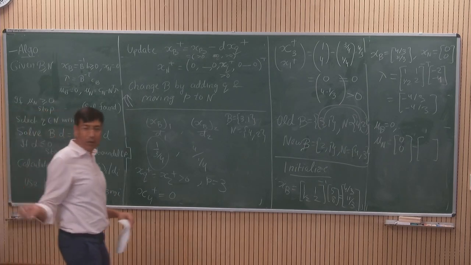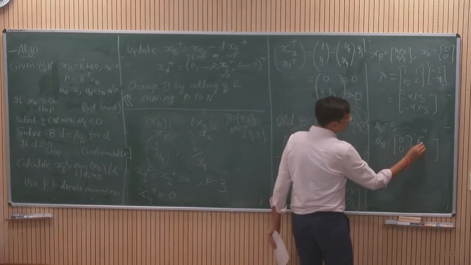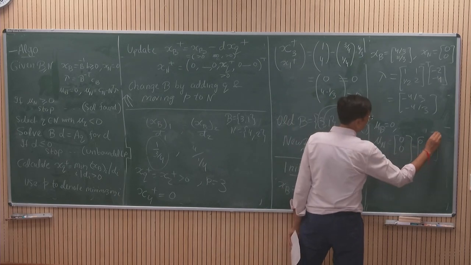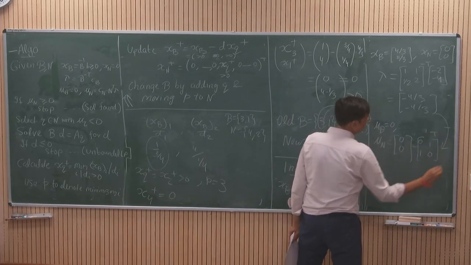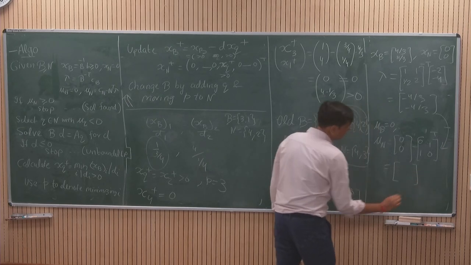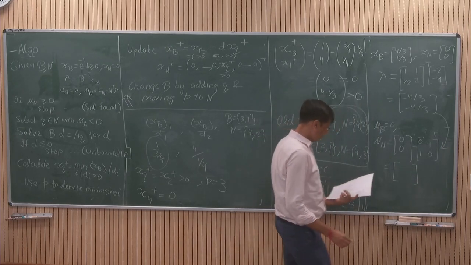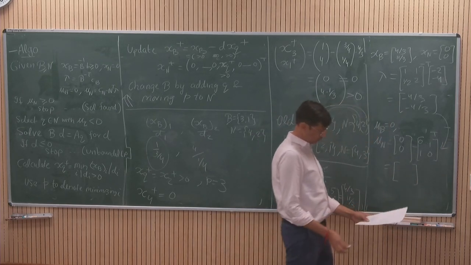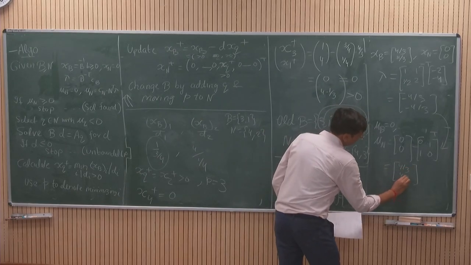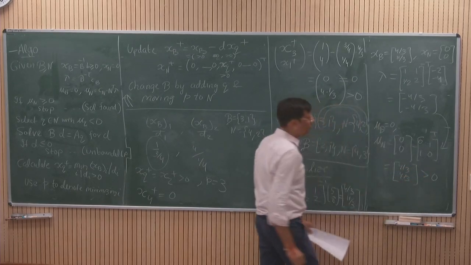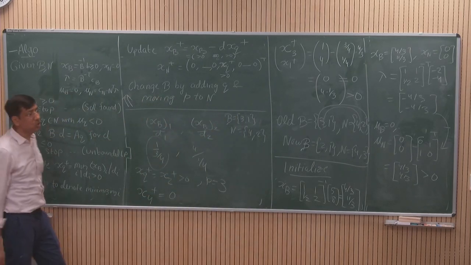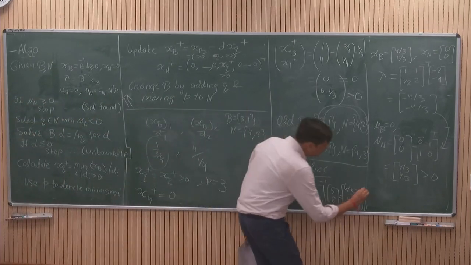So it will be 0, 1, 1, 0, transpose times this lambda. Once you solve for this, you get 4 over 3 and 4 over 3, both greater than 0. So you have found the solution, but we'll still find C transpose X.